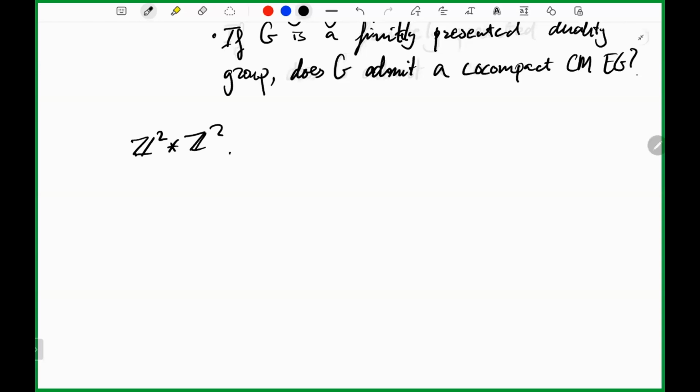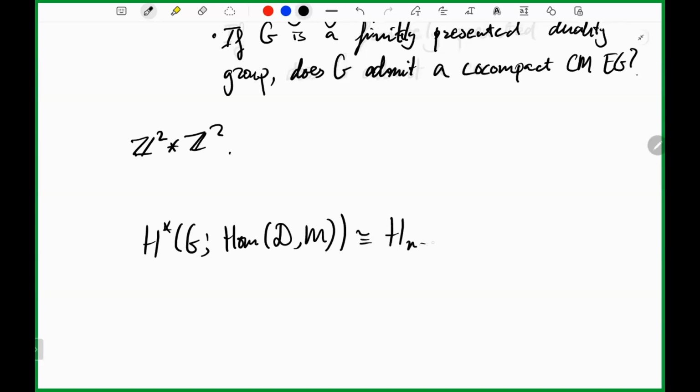So you have something like H upper star of G with coefficients in... I'm guessing a little bit, so don't hold me to this one.